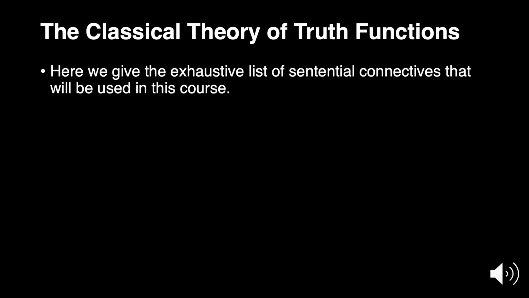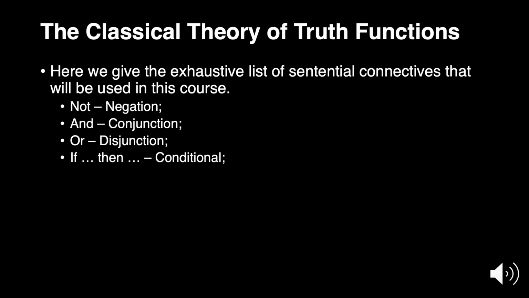Here we give the exhaustive list of sentential connectives that we'll be using in this course. Not is called negation, and is called conjunction, or is called disjunction, and finally, if then is called conditional.